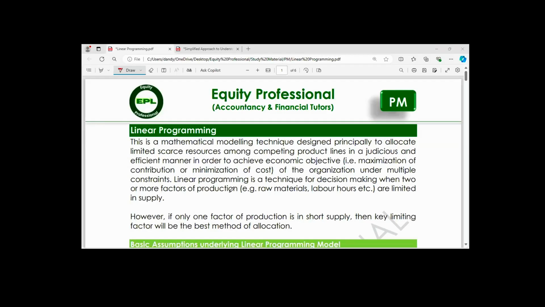And we also said that where there are multiple constraints, for example, raw material kilograms may not be sufficient, labor hours may also not be sufficient.